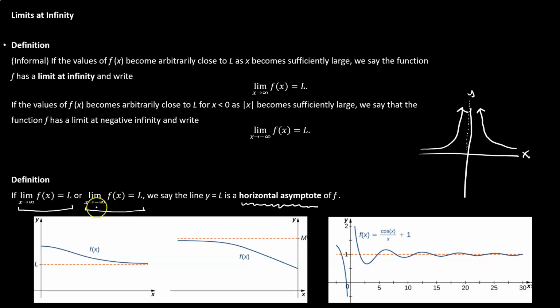Now, it is possible for the limit as x goes to positive infinity to equal one value, and the limit as x goes to negative infinity to equal a different value. So it is possible for one function to have more than one horizontal asymptote.